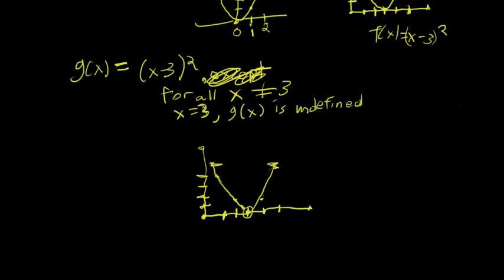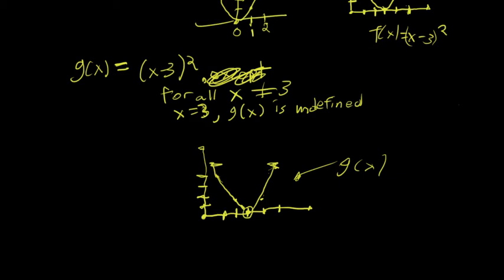But if you remember what we talked about in the previous video, a limit is defined as the value that the dependent variable gets really close to as the independent variable gets very close to a particular number. So here, and this is g of x, as x gets really close to 3 coming in from the left, g of x gets really close to 0.